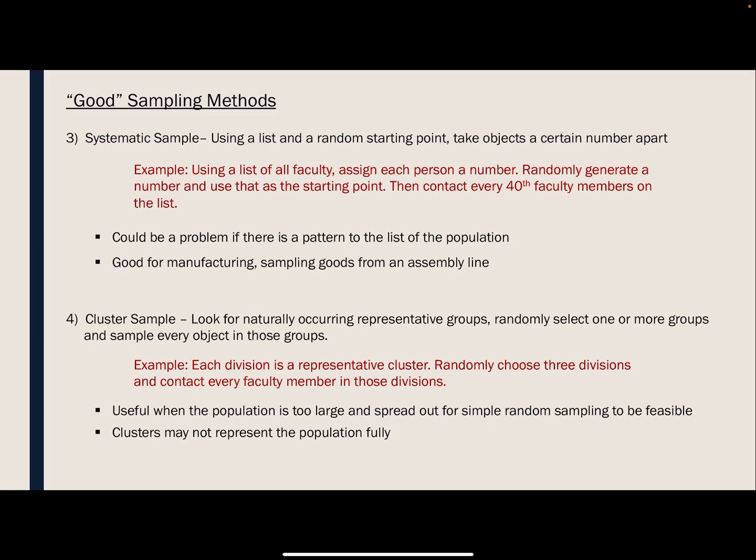So maybe I would randomly choose 3 divisions, and then I would contact every faculty member within those divisions. So this is a good choice if the population is large and spread out and simple random sampling isn't possible, but it could be a problem if the clusters are not actually representative of the population.